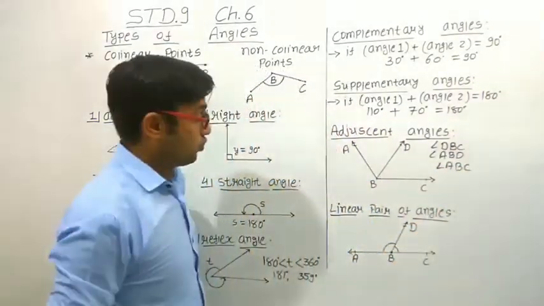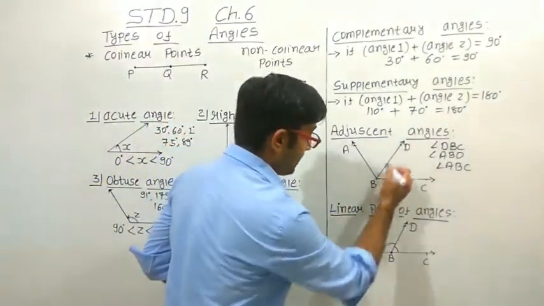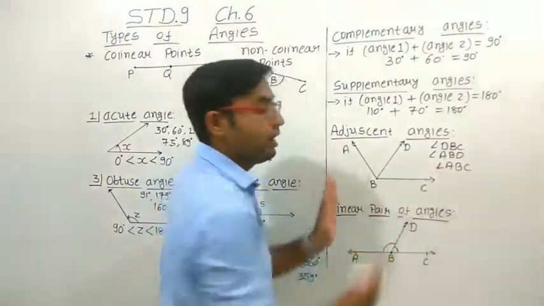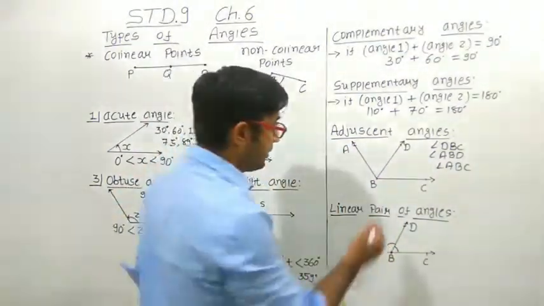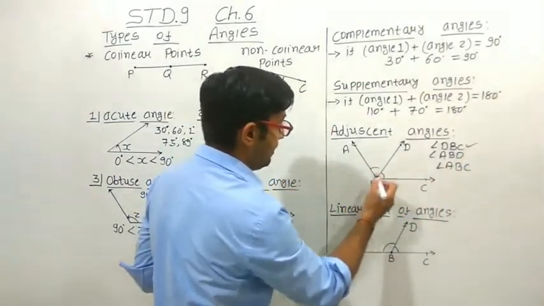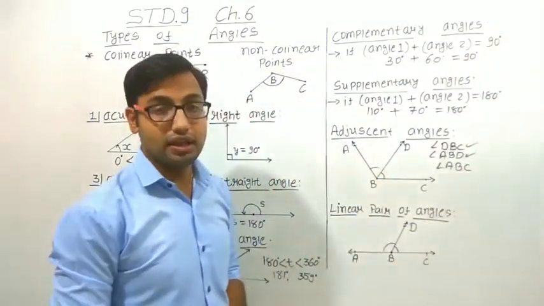So a total of three angles are there. If we add this angle DBC with ABD, we get the total angle ABC. Then this angle DBC and this angle ABD are called adjacent angles.